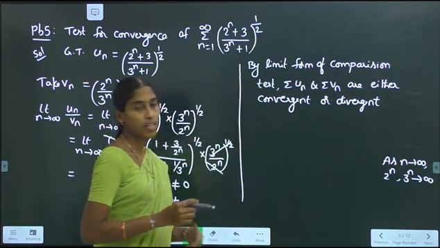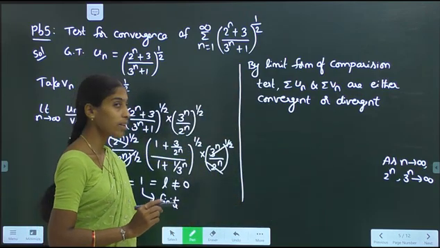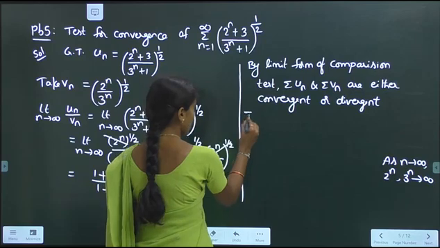Either both the series are convergent, otherwise both the series are divergent. Now we see the nature of Vn.